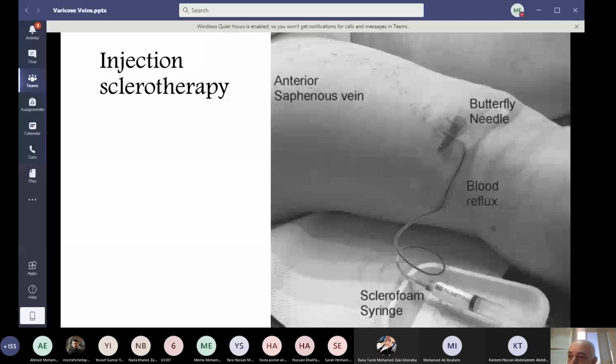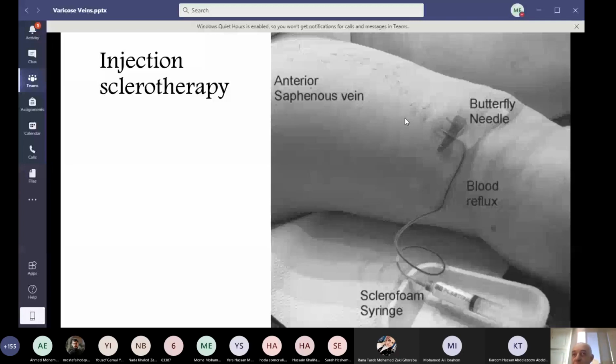Therefore, these veins usually appear green or bluish, or a hue between both, greenish blue. If these veins are no longer conveying blood, they will disappear.